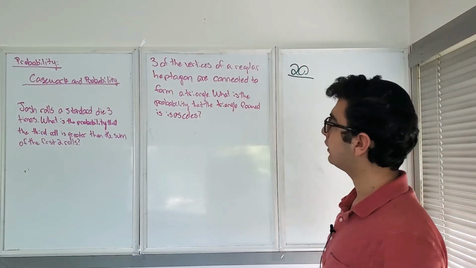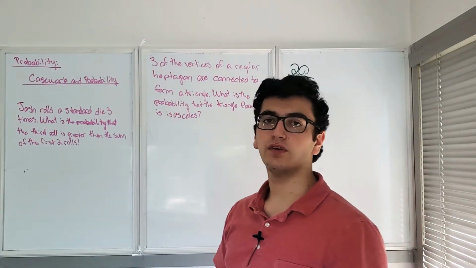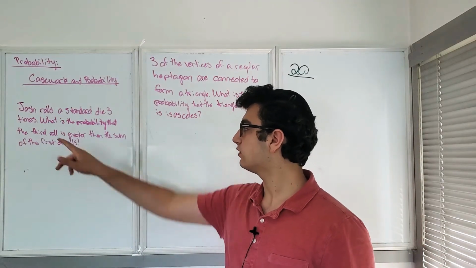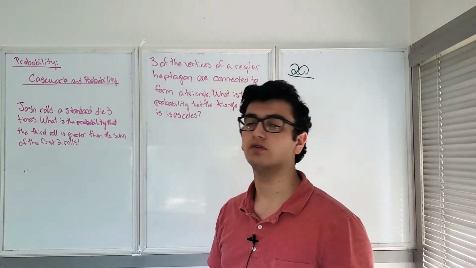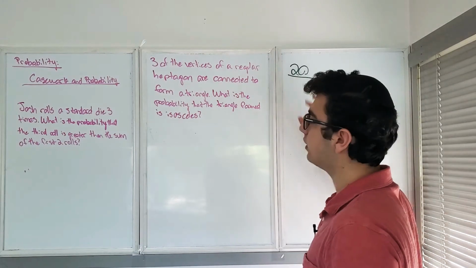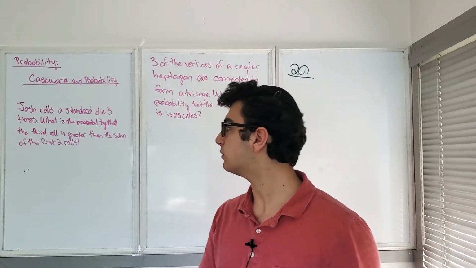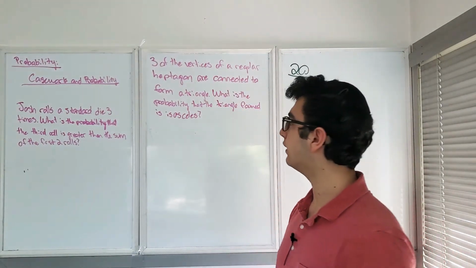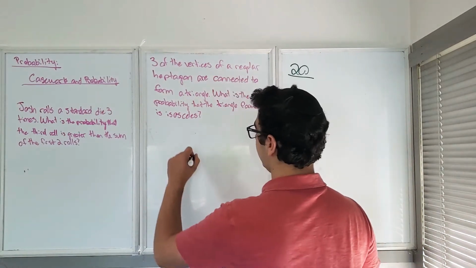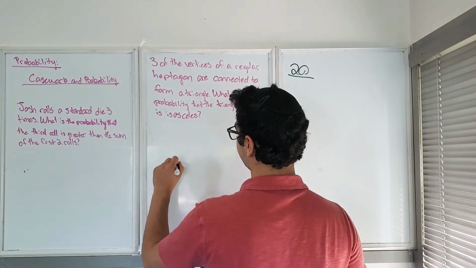So this 20 over here represents the good outcomes. Those are the number of ways that the third roll is greater than the sum of the first 2 rolls. And so now in the denominator, the total number of ways that we can roll 3 die. So for the first die, we have 6 different options.